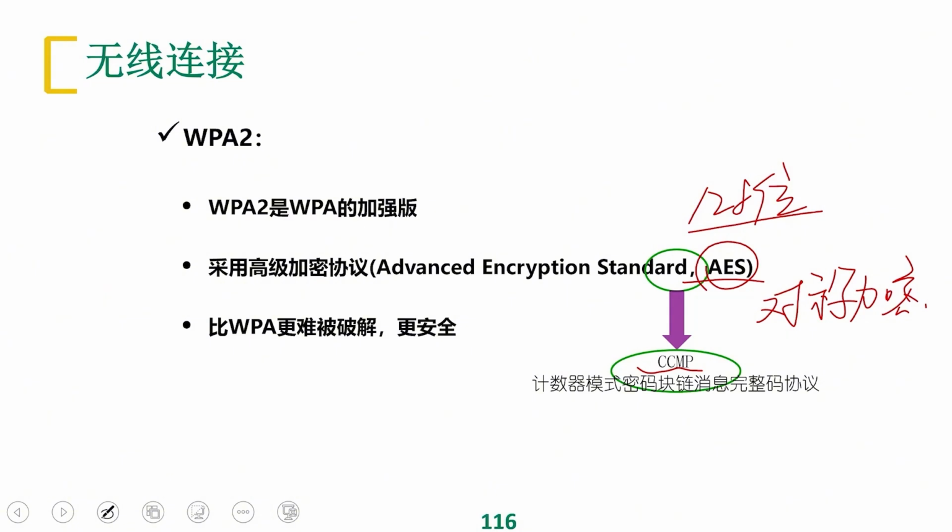This counter mode cipher block chaining message authentication code introduces an initialization vector in the encryption process, which is equivalent to cutting a large piece of data into several pieces. When I transmit each piece of data, I encrypt it. The ciphertext of the previous piece of data after encryption serves as an input for the next data block.